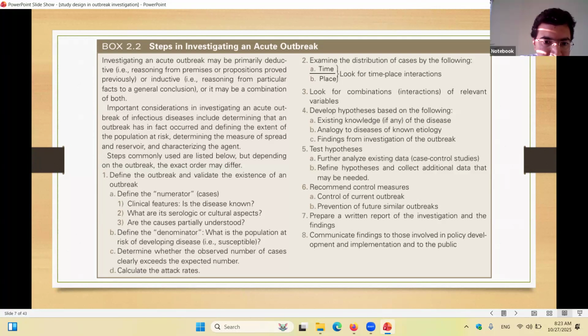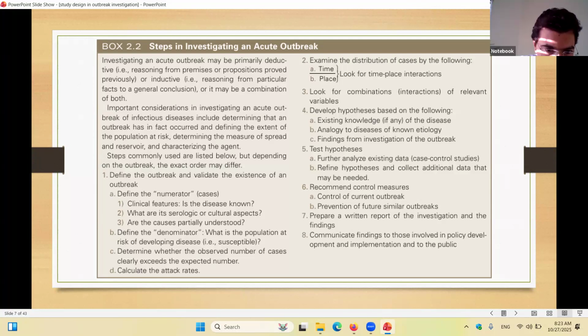Are the causes partially understood? The second one, B, is to define the denominator. What is the population at risk of developing disease? That is, who is susceptible? These sub-steps A and B create a fraction, numerator per denominator, meaning cases per population at risk.